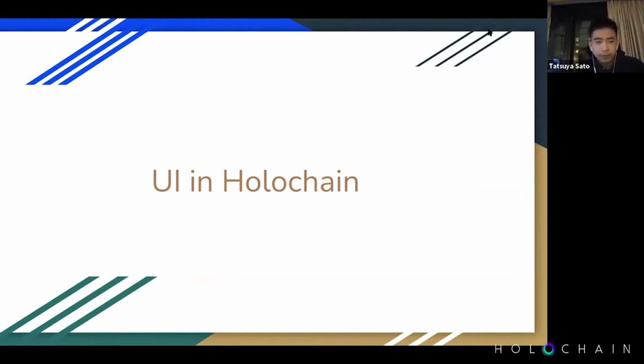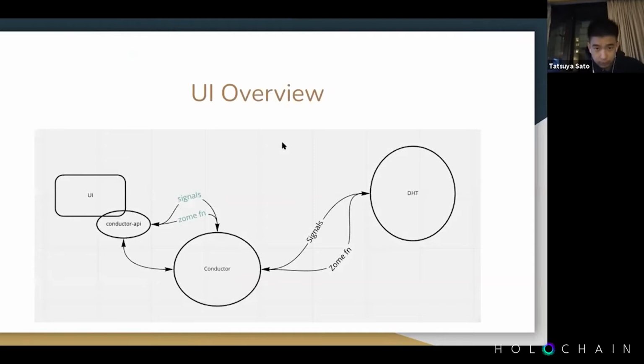The first thing I want to show is this diagram I made just to show where UI is placed in terms of the bigger picture. Your UI usually interacts with the conductor.